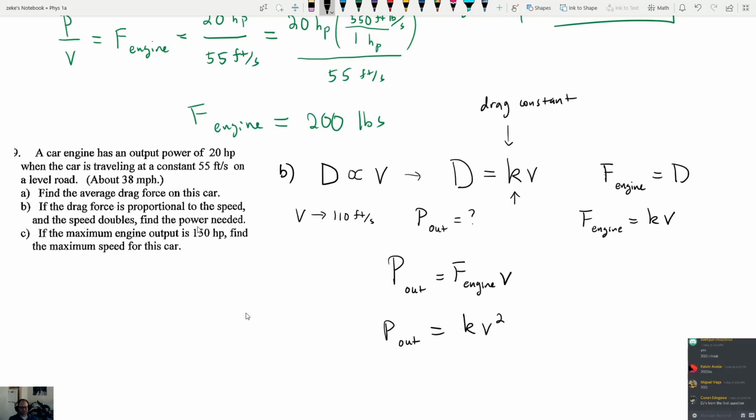Review from the first question, exactly. So from the first question, we had drag was 200 pounds. And velocity was 55, right? So that means that K, which is equal to D over V, is equal to 200 over 55.